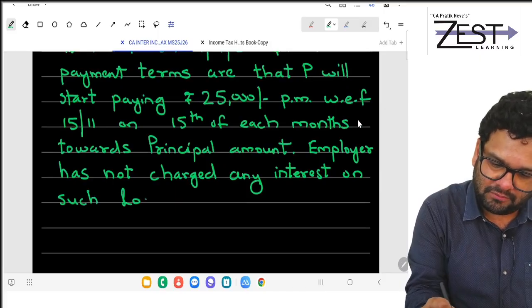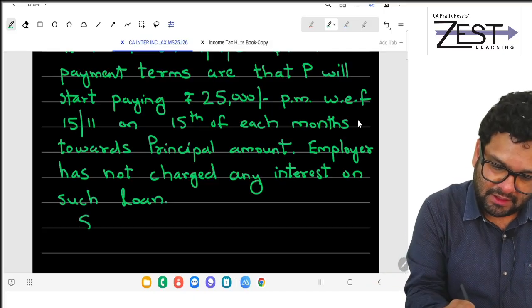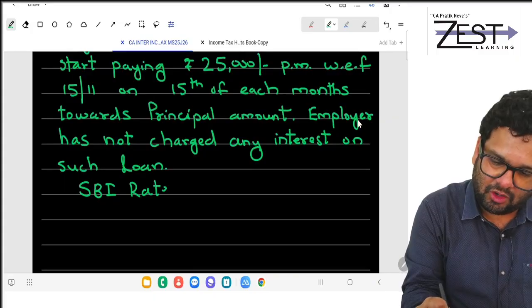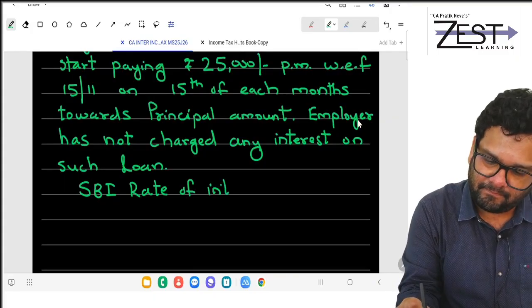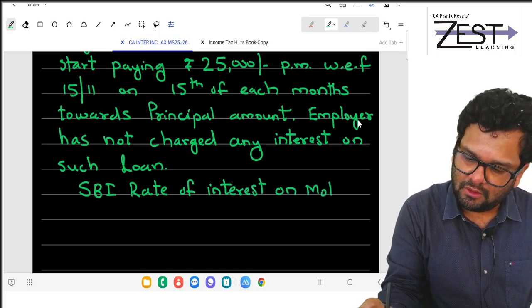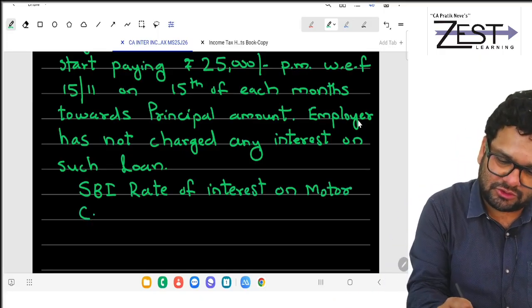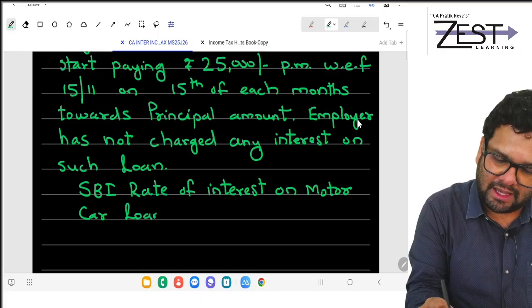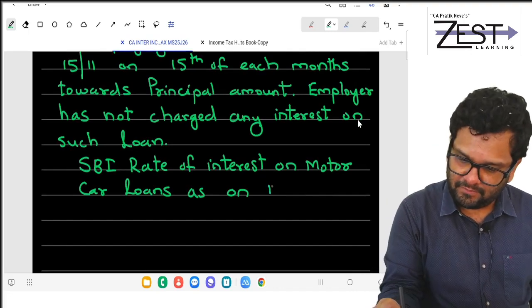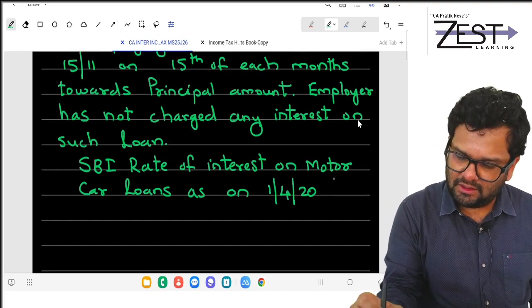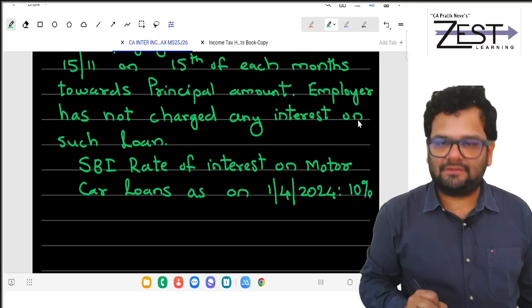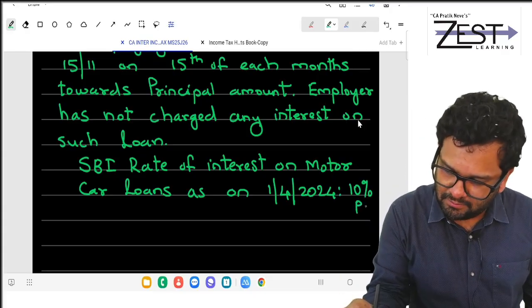Now what do you want? You want the SBI rate of interest on motor car loans. Very good. As on 1st April 2024, 10% per annum.